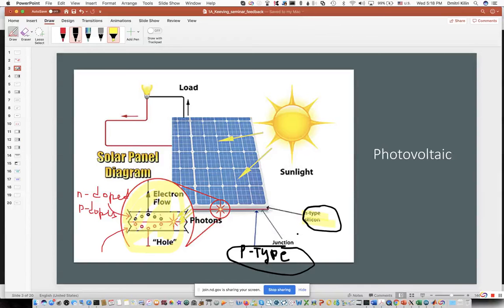That is the key for the whole photovoltaic industry. I can just put a quick text box next to that arrow and put p-type, and then I should be able to use this picture. Yes, very good.